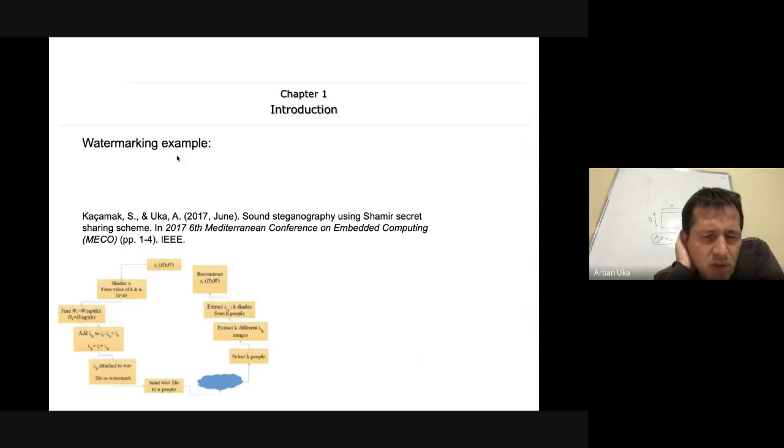You can embed portions of these images onto audio files, give them to 8 different individuals, and then you can pick up only 5 individuals out of these 8. You can get 5 audio files. From these 5 audio files, you can extract 5 portions of the original image, and you can reconstruct the image not from all 8 parts as we separated initially, but you need only 5.